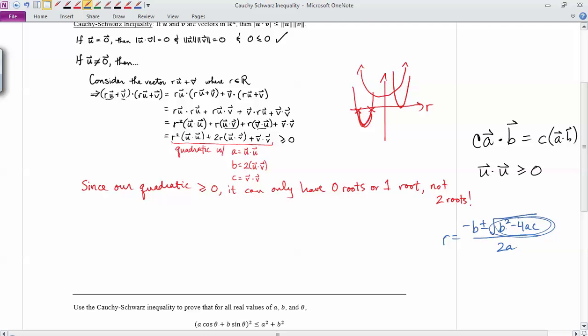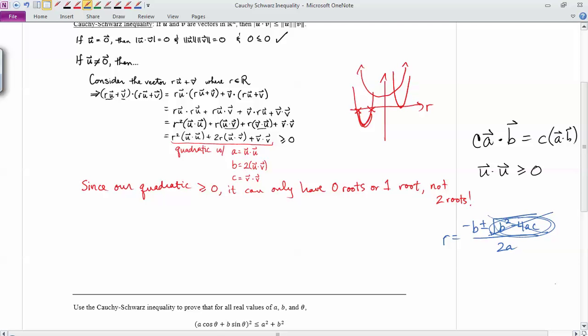If I have 0 real roots, then the discriminant is going to have to be a negative number, because then I have a negative underneath the root. I don't get any real solutions. If the discriminant is 0, then this root essentially turns into nothing, and I'm just left with one answer, negative b over 2a. And if the discriminant's positive, that's when you get 2 different answers.